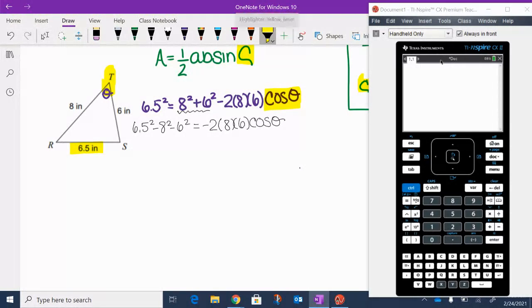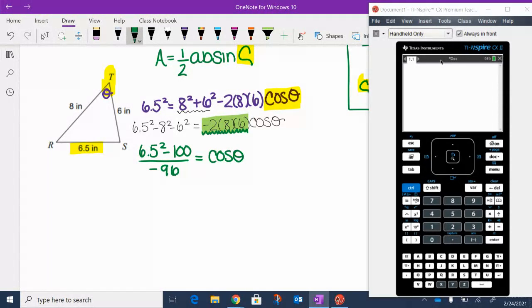What will end up happening is we will now divide them over to the other side. So 6.5 squared minus 100 over, when I multiply these out, I believe I get -96, all over cosine theta, right?